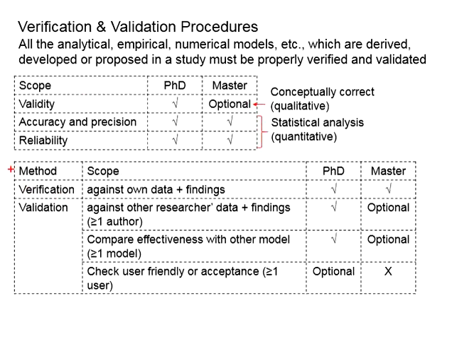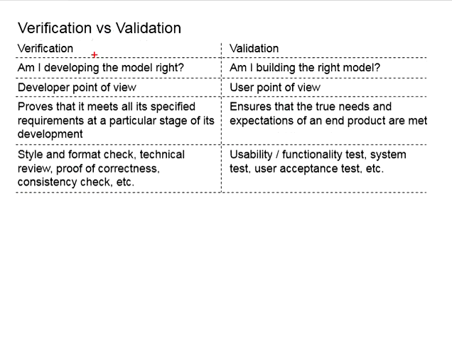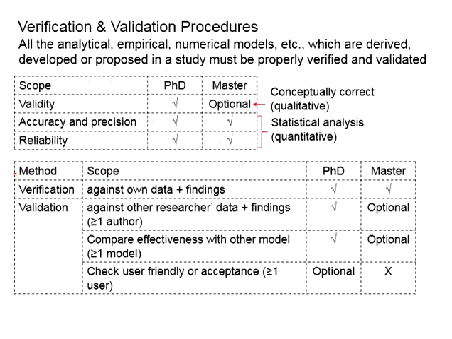Now let us look at the methods to determine the reliability of the models. We have verifications and validations. For the verification purpose, our focus here is whether we are developing the models right. This can be done by verifying against your own data and findings.